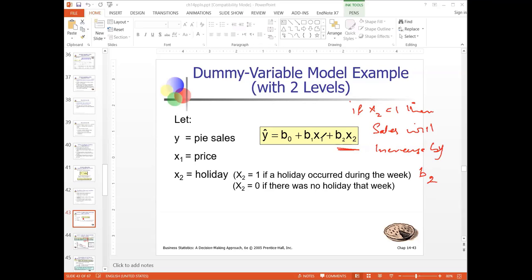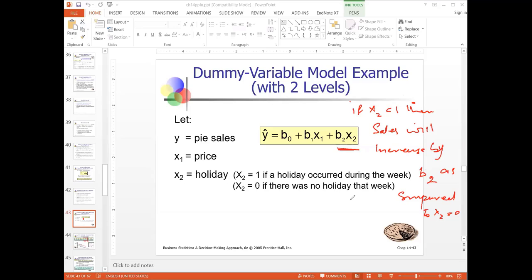And why are we not interpreting 0? Because, let me complete this interpretation. So if x2 is 1, then sales are increased by b2 as compared to x2 equal to 0. So the interpretation is actually comparative.